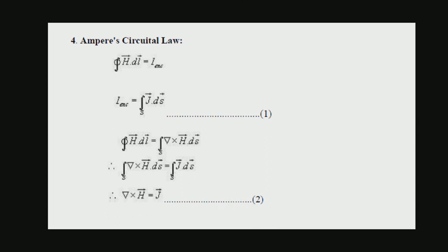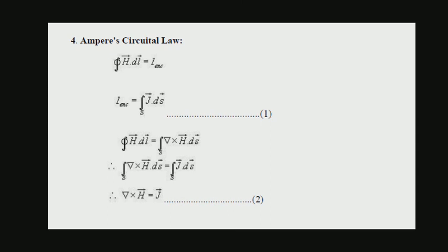Next, Ampere's circuital law. Ampere's circuital law states that the line integral of the magnetic field vector H, that is circulation of H around a closed path, is the net current enclosed by this path.